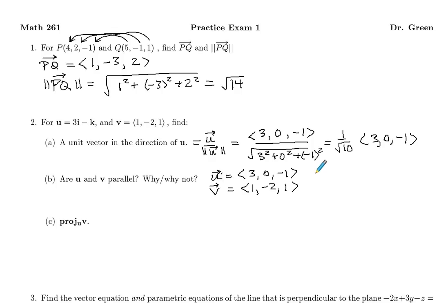So essentially what you're asking here is, can you get 3, 0, negative 1 to be a constant times 1, negative 2, 1, and it's got to be the same constant. To work for the first coordinates, k would equal 3, but to work for the second coordinates, k equals 0. So they're not multiples.